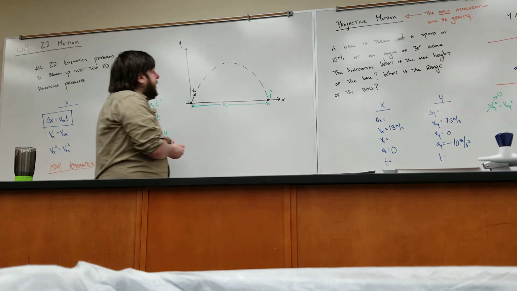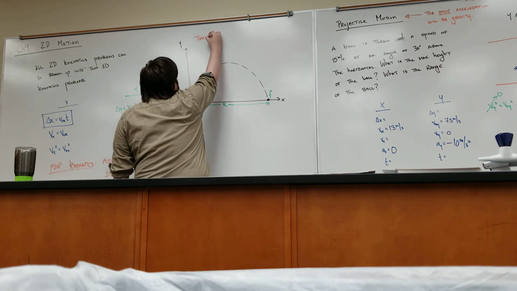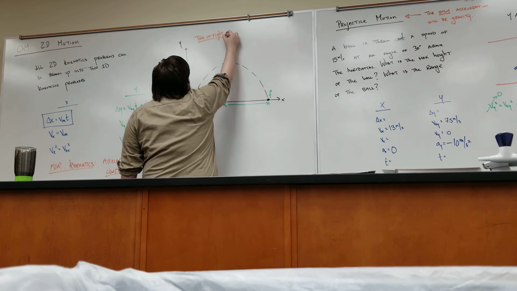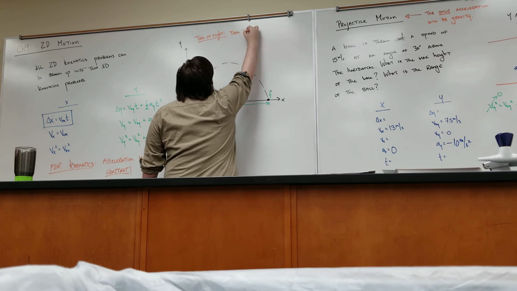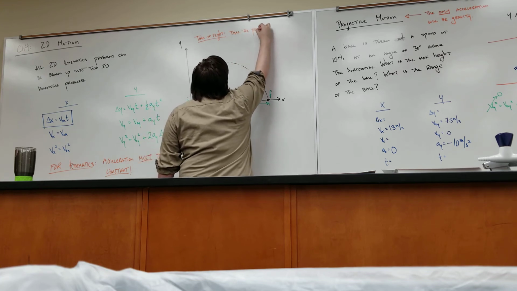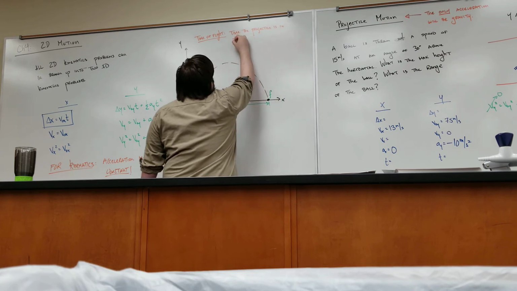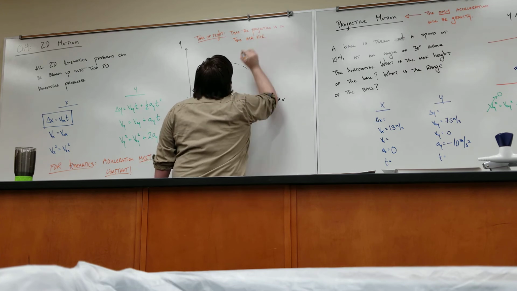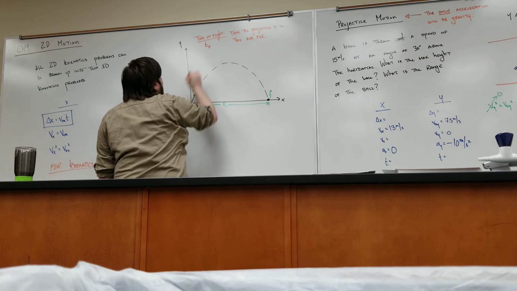Okay? I want to define one other thing, what we call the time of flight. Pretty self-explanatory. This is the time the projectile is in the air for. It's typically given as a t with the subscript f.